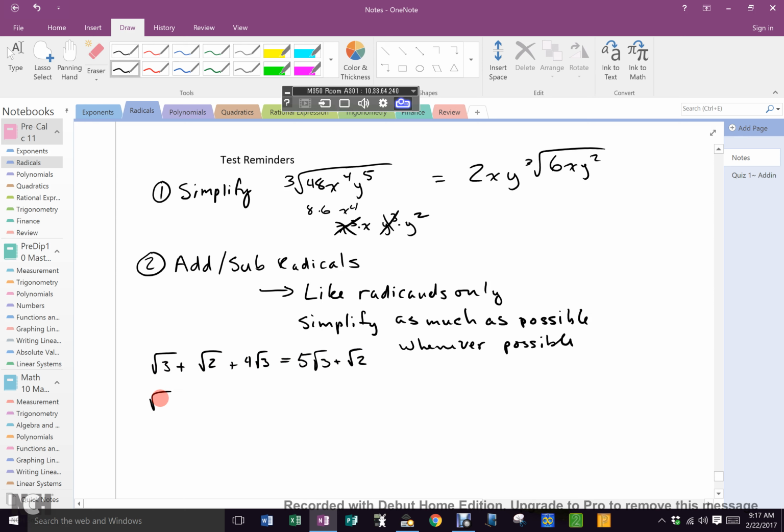If I give you this, root 3 plus root 27, what's that answer going to be? That's going to be root 3 plus 3 root 3, because I simplify the root 27 to get 3 root 3.